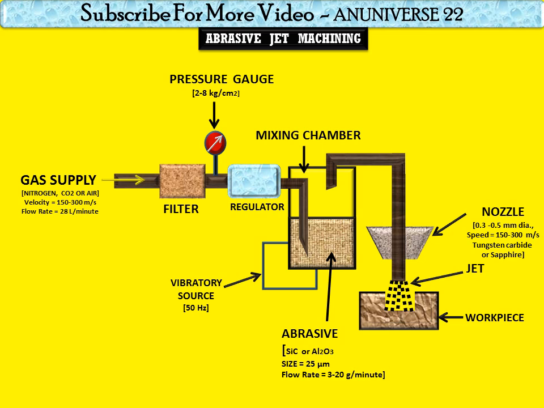With the help of the jet, intricate and precise shapes can be produced by using a mask with corresponding contours. So as we can see here, vibration of the mixing chamber starts, and the jet comes out continuously from the nozzle and hammers the workpiece.